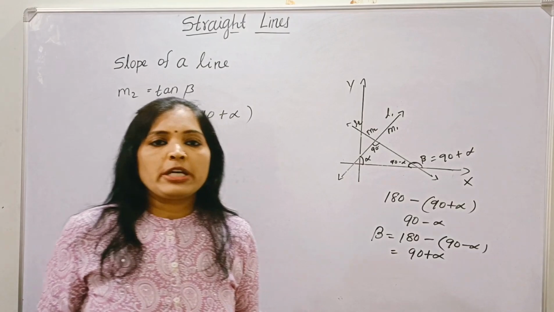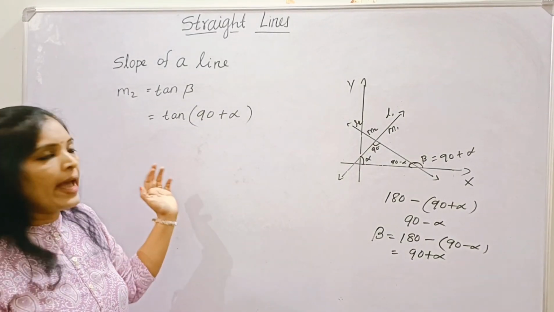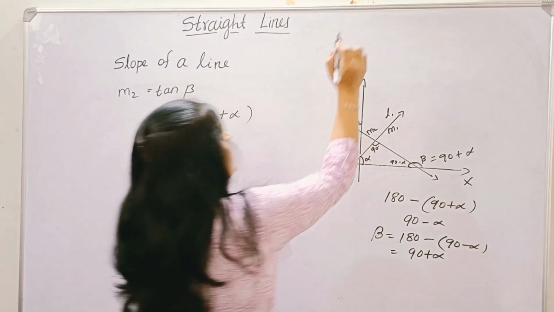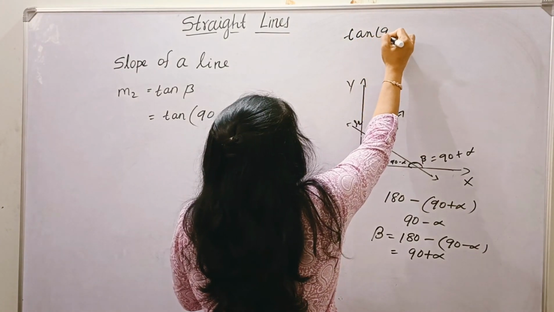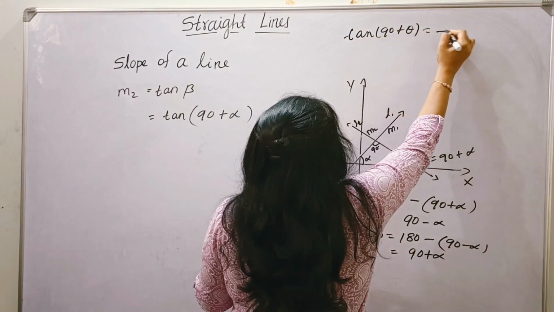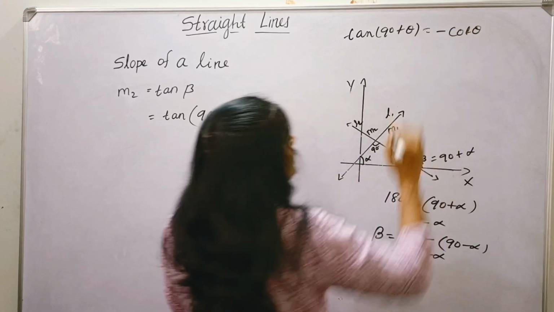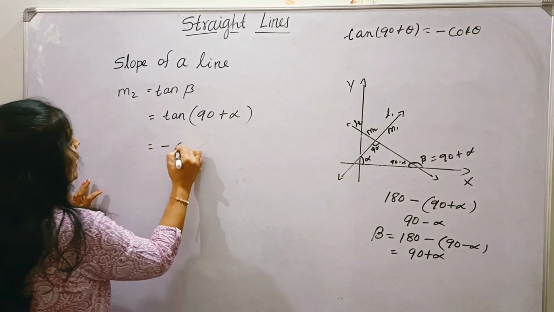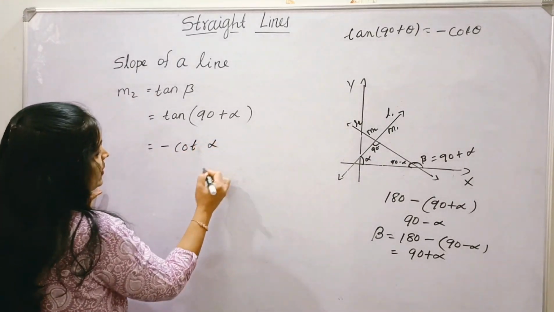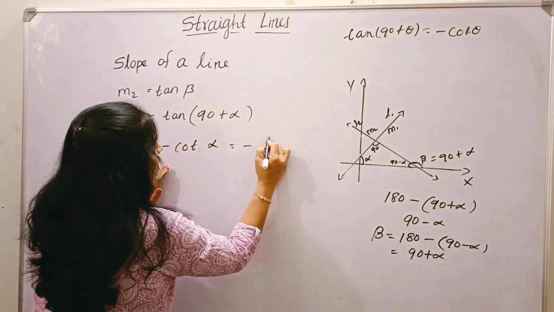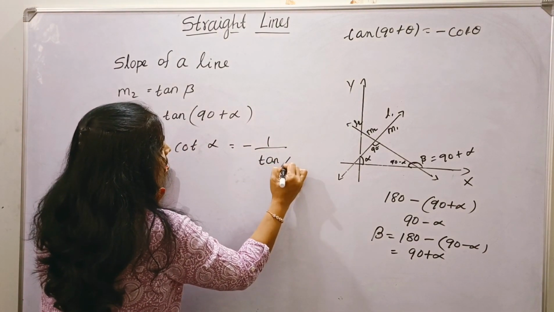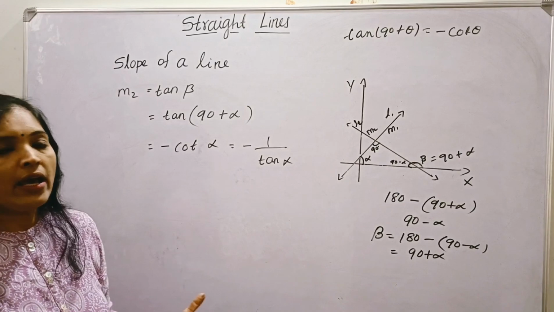In the trigonometry chapter, we have already studied tan (90 plus theta). Tan (90 plus theta) is minus cot theta. So here minus cot alpha. We can write it as minus 1 by tan alpha. What is tan alpha?